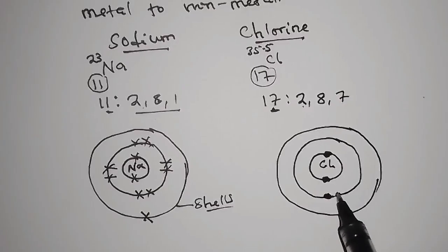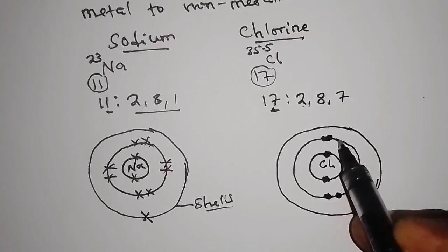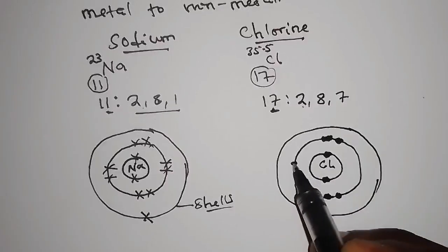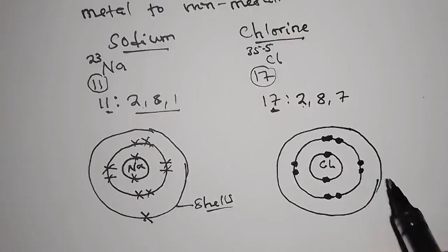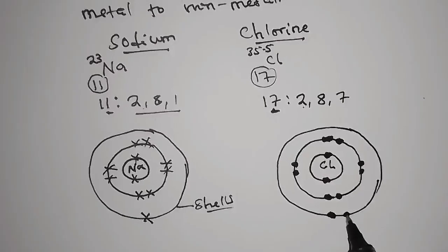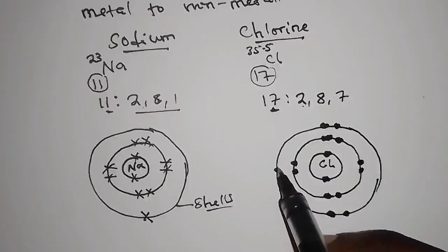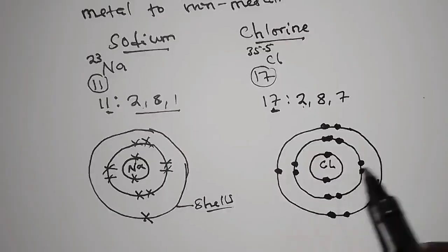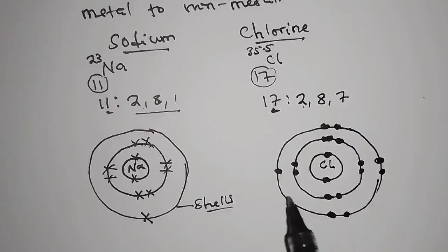In the second shell, I'm going to put 8, in pairs of 2. And then the last shell is 7, in pairs of 2, and the last one alone. So when you count these, we have 1, 2, 3, 4, 5, 6, 7.